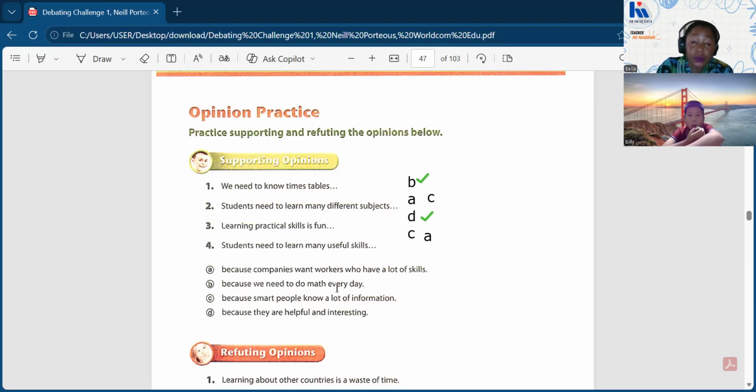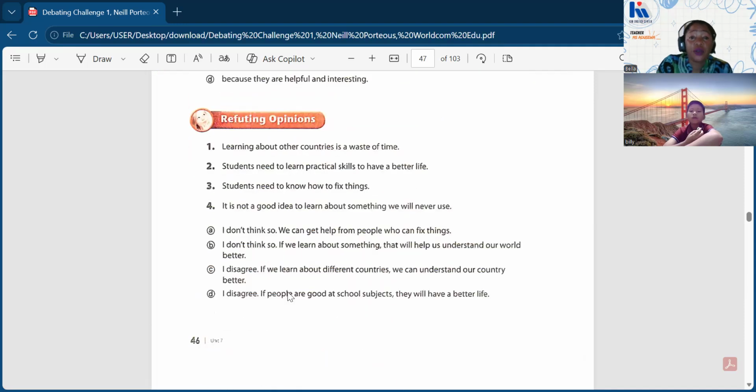Okay, that's good. Now we'll move to the refuting opinion. For the refuting opinion, for each opinion numbered 1 to 4, there's one opinion from A to D that perfectly disagrees with them. So whatever number 1 says, you look for an opinion here that disagrees.